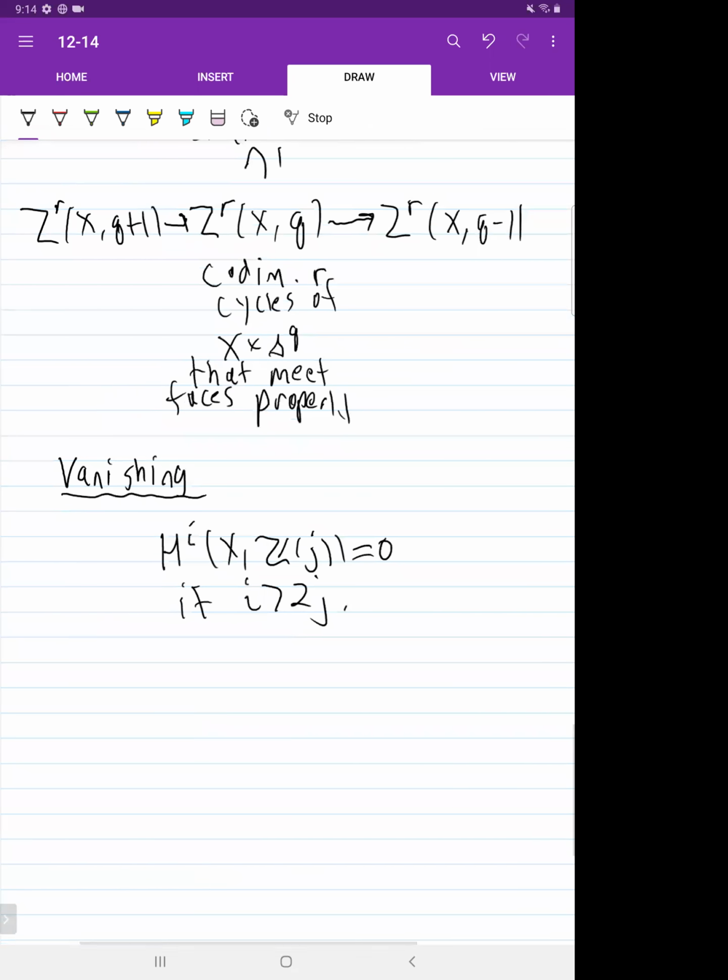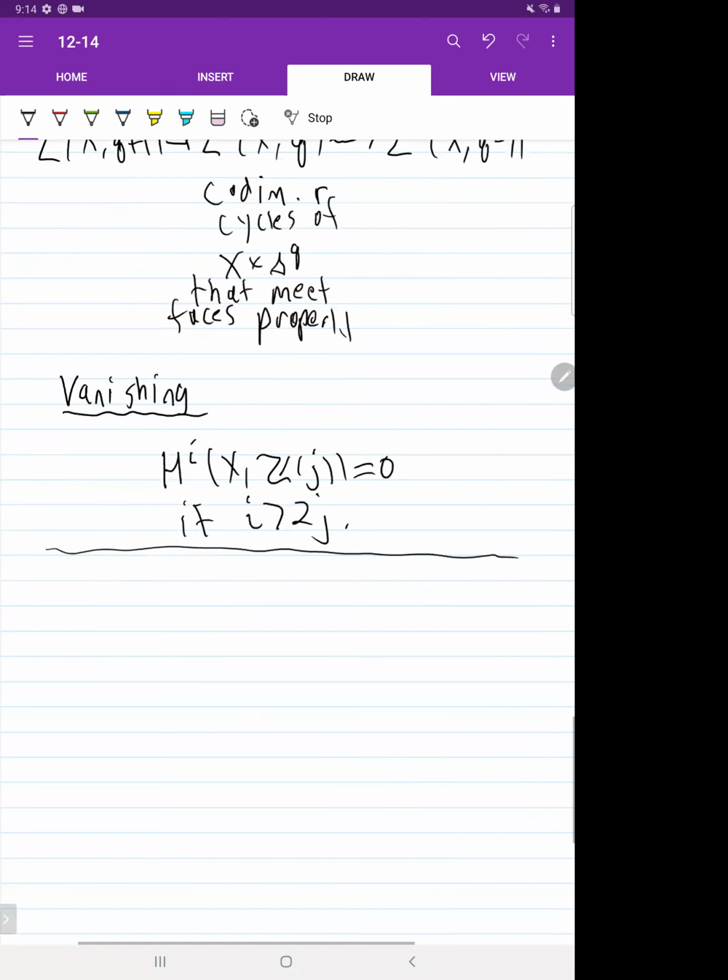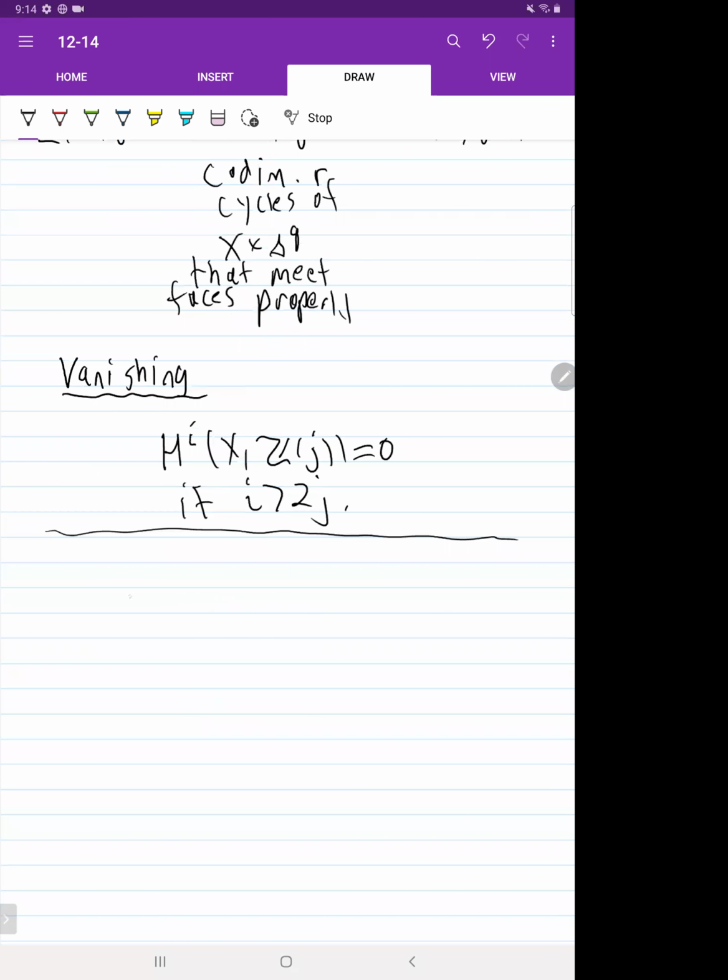Now we want to generalize that. So I want to talk about the geometric classifying space of a group. This is due to Totaro and Morel-Voevodsky.